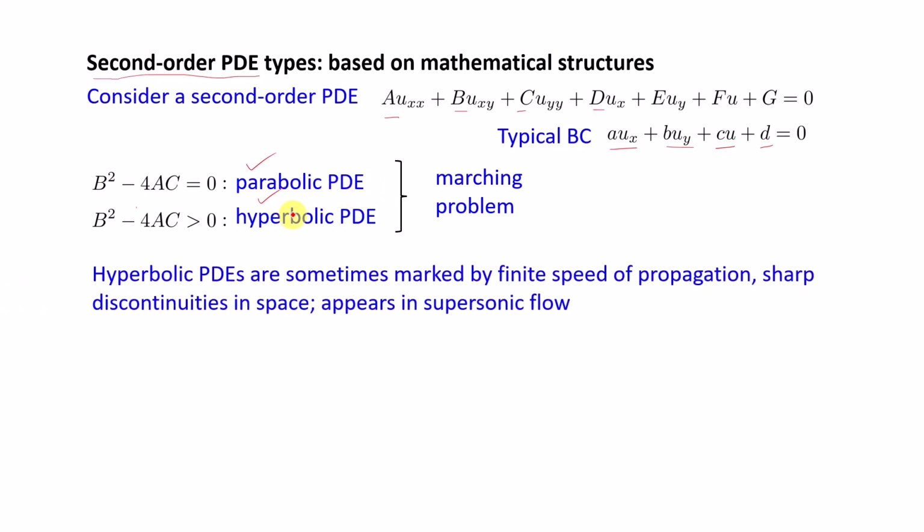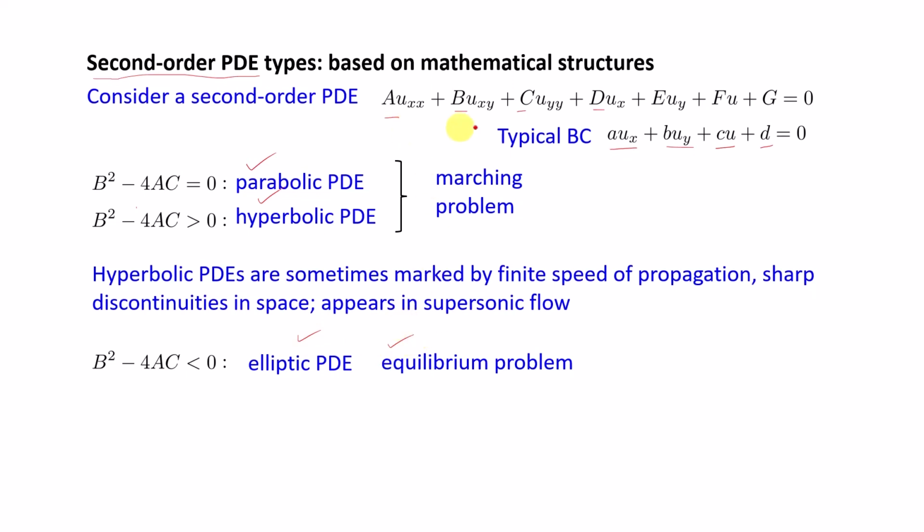We have hyperbolic problems where the propagation goes at finite speed and it creates discontinuity. So a very common hyperbolic problem is the wave propagation problem, supersonic flow problem. Similarly, b square minus 4ac less than 0 is an elliptic problem, which are, as we have already discussed, the equilibrium problem or steady state problem.